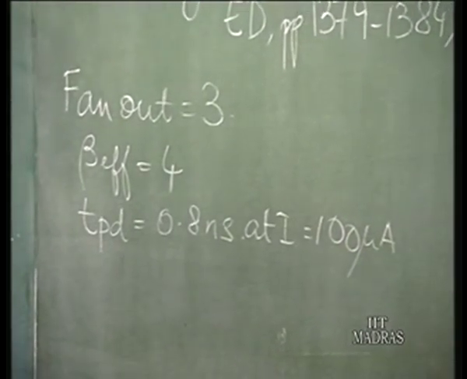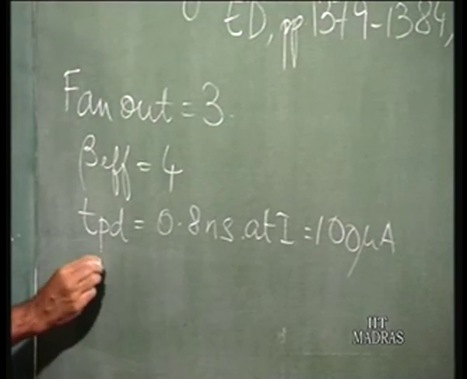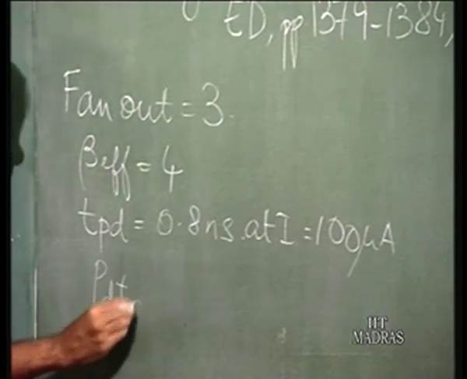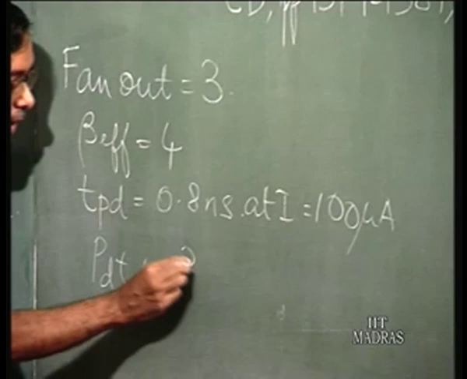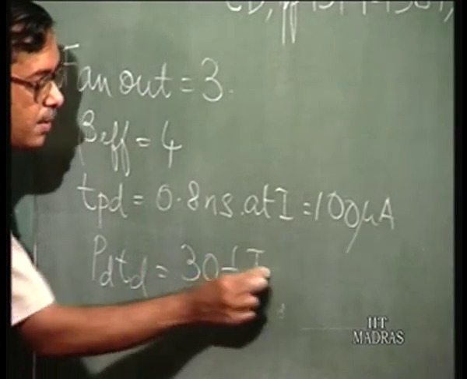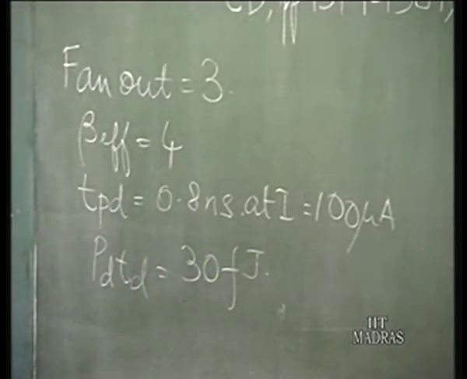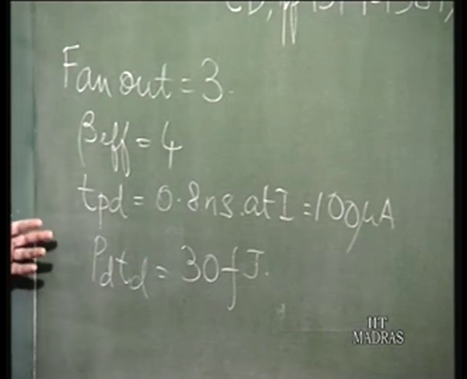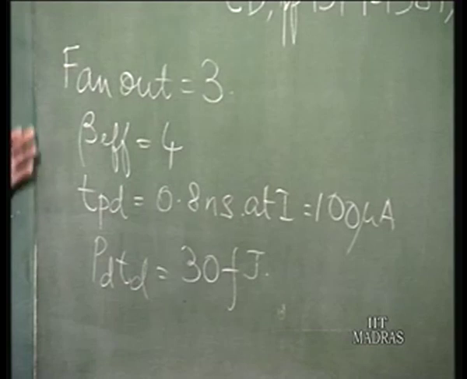So the power delay product was 30 femtojoule. So you see that of course it is very remarkable results, so much better than the previous results. So this is really a sub nanosecond device.